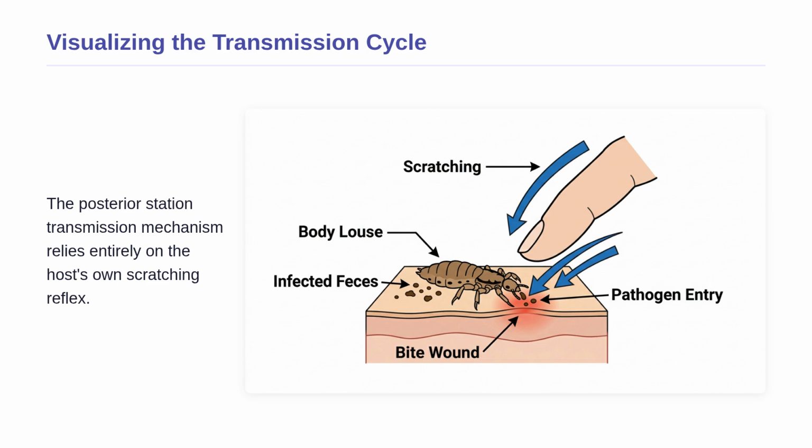Because the bite is intensely itchy, the host reacts. Observe the human finger and the motion arrows indicating the scratching action. This scratching physically pushes the pathogen-laden feces into the open bite wound, marked as the pathogen entry point. This diagram perfectly illustrates why the disease transmission is not from the bite itself, but from the host accidentally rubbing the infectious waste into their own bloodstream.